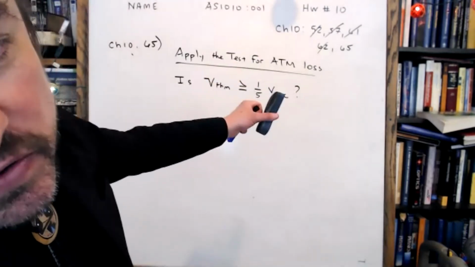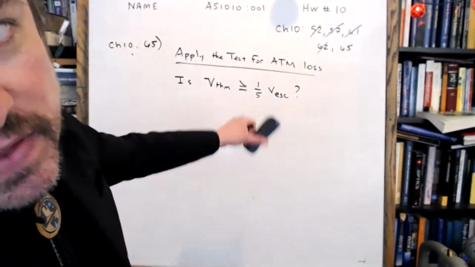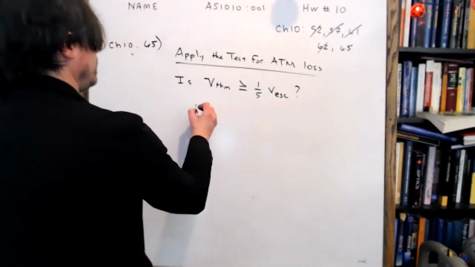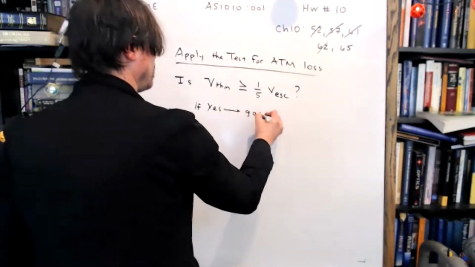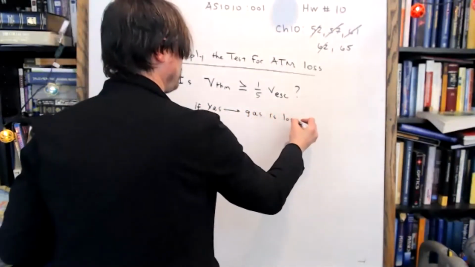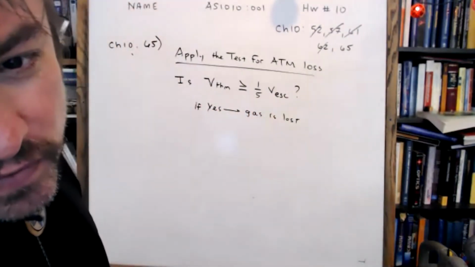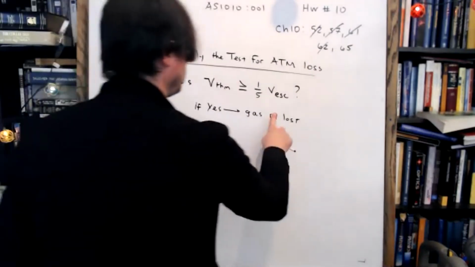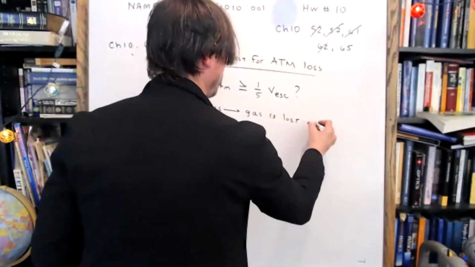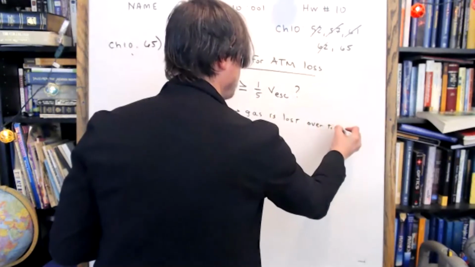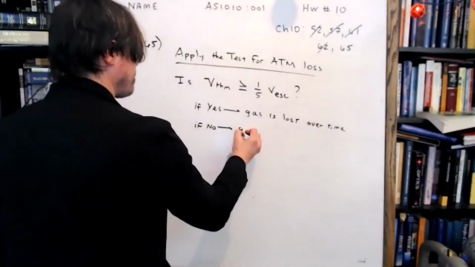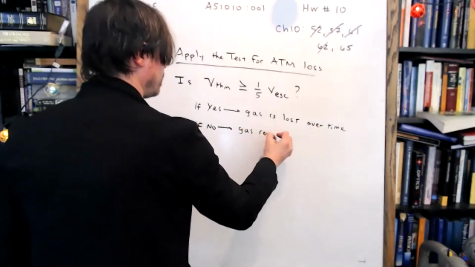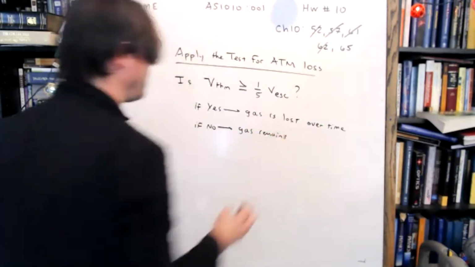If the thermal speed goes over roughly 20% of the escape velocity, if yes, that gas particle will be lost over a geological time scale. We'll just say gas is lost over time. If no, the gas remains.